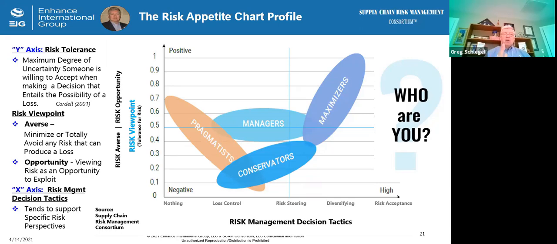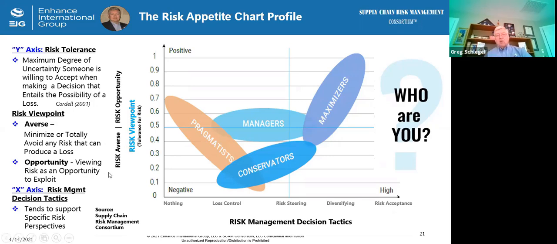So on the Y-axis, this is what we call risk tolerance from low to high. It's the maximum degree of uncertainty someone or a company is willing to accept when making a decision that entails the probability of a loss. And you'll see something on the Y-axis called risk viewpoint, and there's two elements.